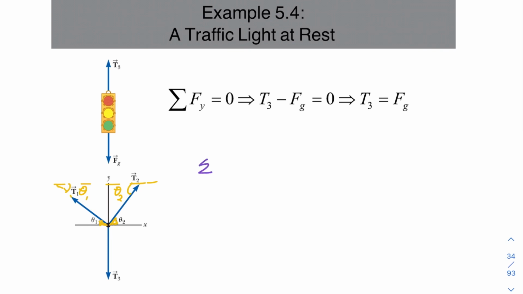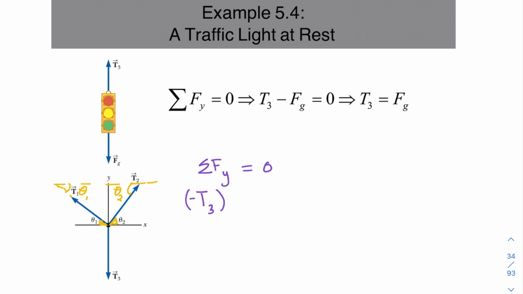Summation of Fy is equivalent to 0 because it's static. In terms of y, we have T3 as negative, downward. With respect to the traffic light it is upward, but with respect to this tie point it's downward. Tension must always point away from the point being considered.